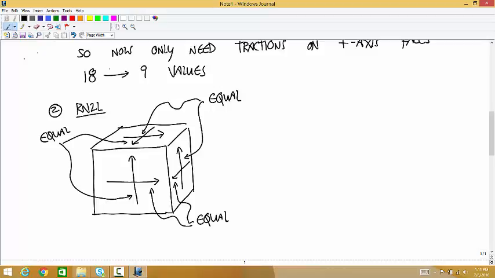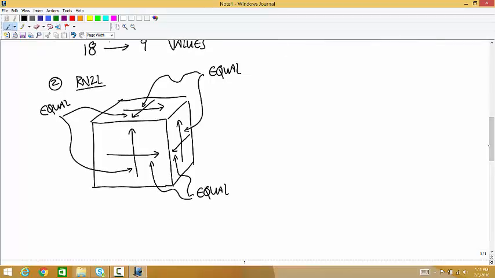You could calculate the moments produced by all these loads with an about point at the center of the cube, and you could see that there's no way to meet moment equilibrium without those being equal. And so what that says is that 3 more of these values are redundant.